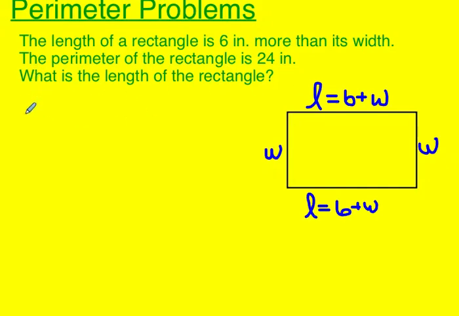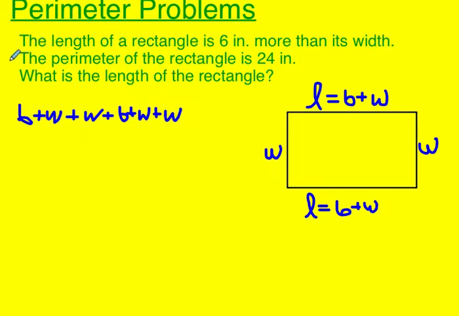If I start at the top, the top is 6 plus W, and then plus W, so that's the right-hand side, plus the bottom is again 6 plus W, and then the left-hand side is just W. I can add together all of those sides, and this is supposed to represent perimeter.